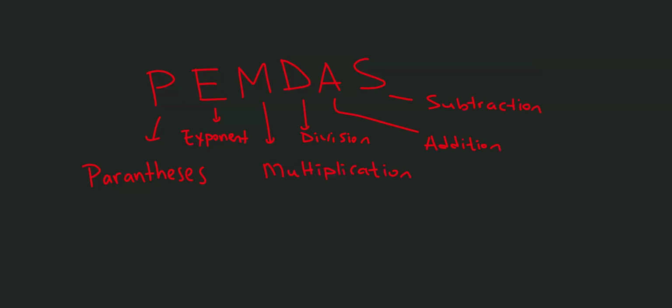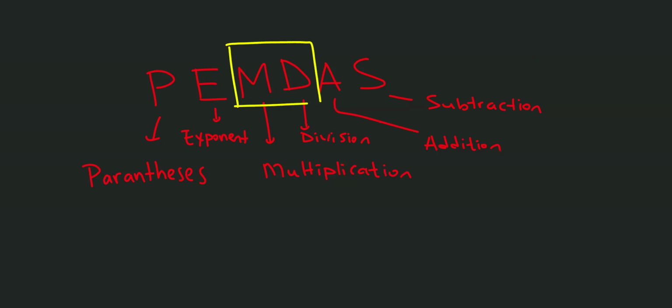It means that if we have an expression, we start with parentheses if there is any parentheses in the expression. If there is no parentheses, or once we take care of the parentheses, we go to exponent. And after that, multiplication, followed by division, then addition, then subtraction. So multiplication and division are in the same order, and there is no priority between multiplication and division.